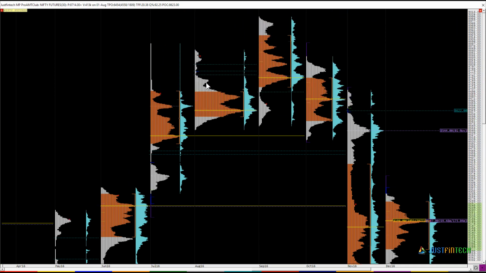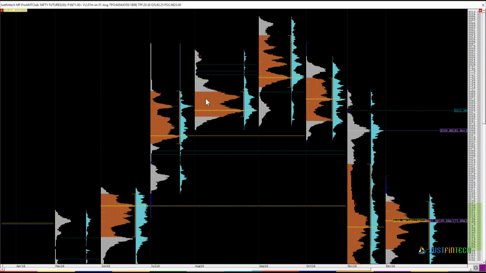Now, for an example, if you see this balance, if this was filled, this balance would have been very good. But in this case, you get a nice gradation at the bottom, and the point of control is right here because this is the fairest price through which all the days have gone.